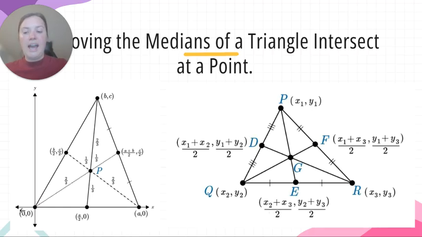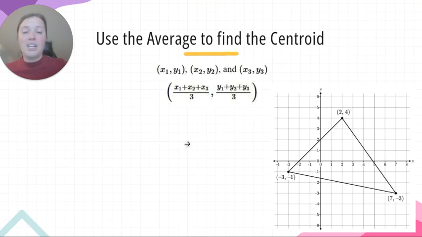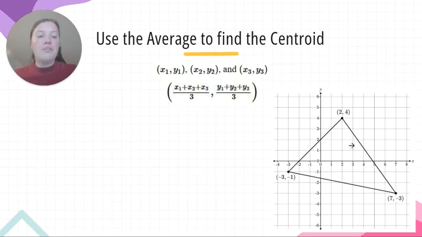So we look at points and do the same, and ultimately we are given this formula here to find the centroid. So if we have a triangle with 3 points, we're once again working in coordinate geometry, right? We have these 3 points. If we take the average of each one of our x values and our y values, this gives us the point of our centroid, or that middle point.